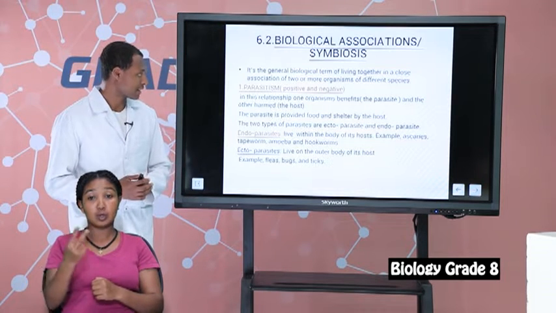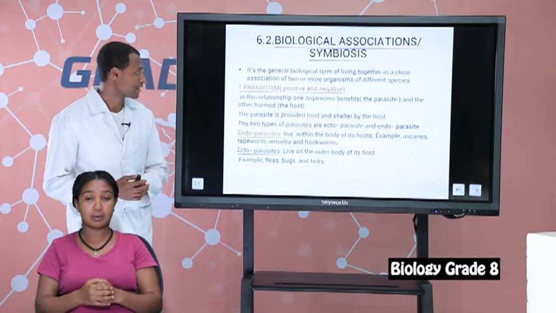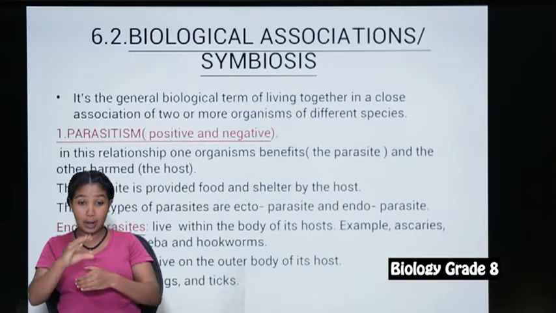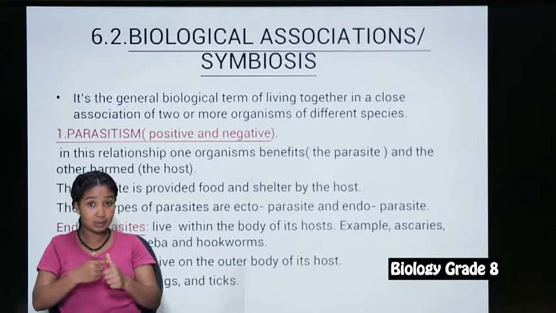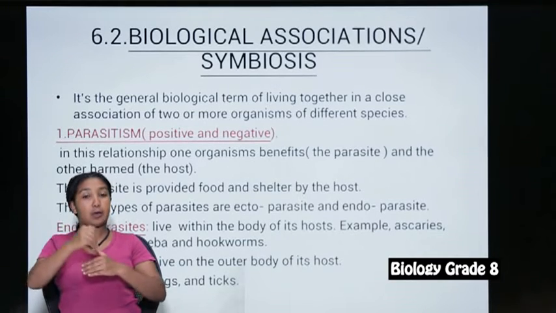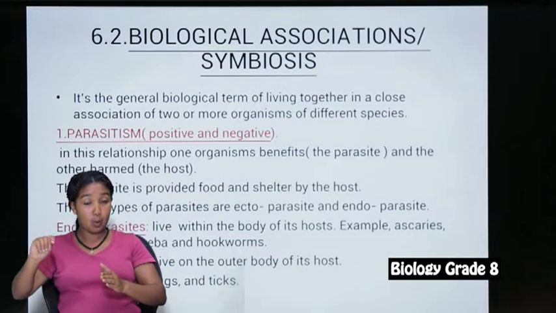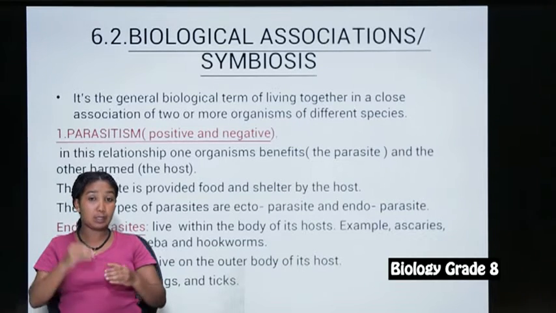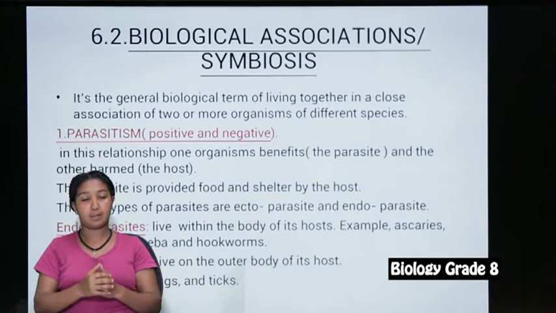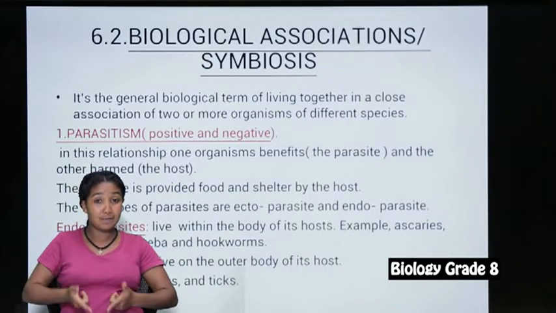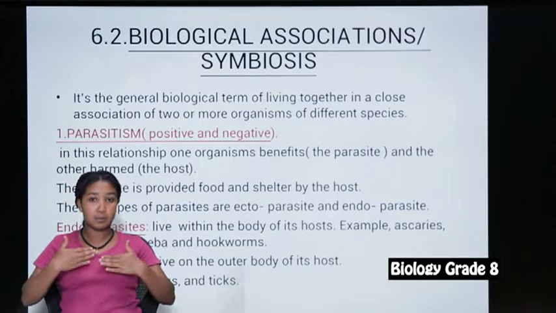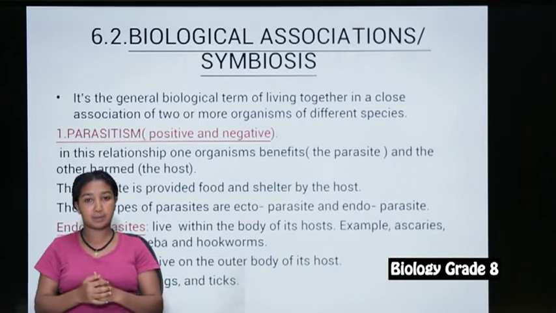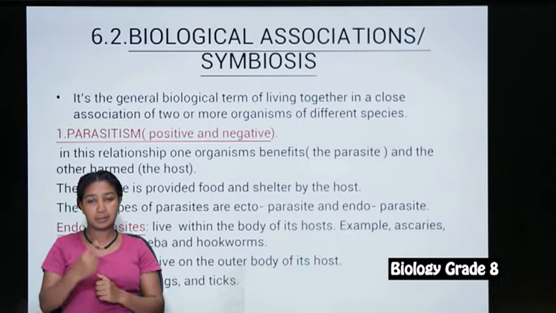The two types of parasites are ectoparasites and endoparasites. As the name implies, ecto means external, endo means internal. Some parasites are living inside of the host, whereas the other parasites are living on the outer body surface of the host. Let me see one by one.